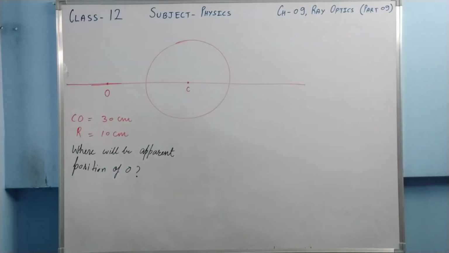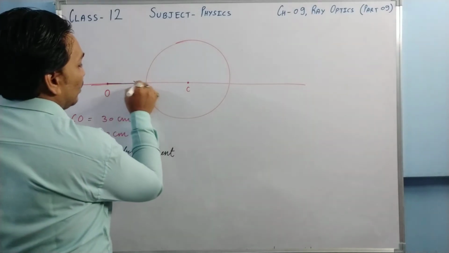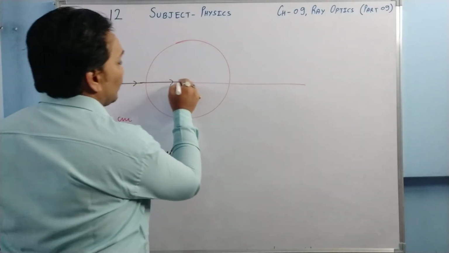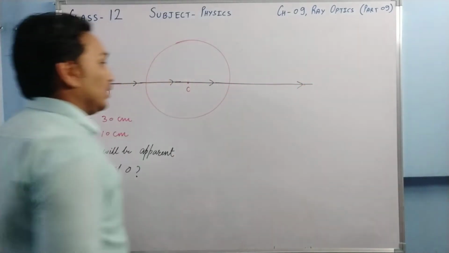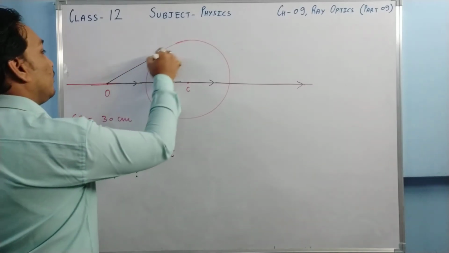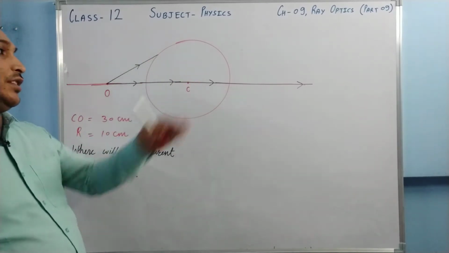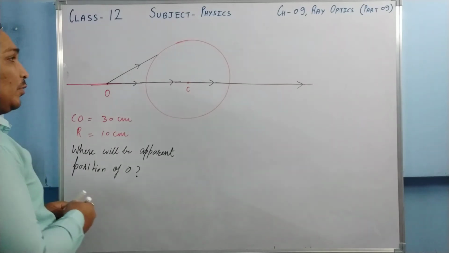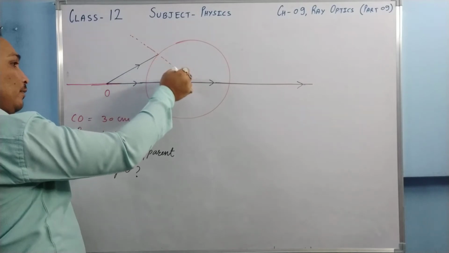Okay, so again from O one ray goes straight along the axis only. It will pass without deviation and it will go like this. Okay, another ray, it will strike somewhere here. Now what happens? Refraction will take place, and in refraction, since the ray of light is going from rarer to denser medium, the ray of light must bend towards the normal. So this is our normal.